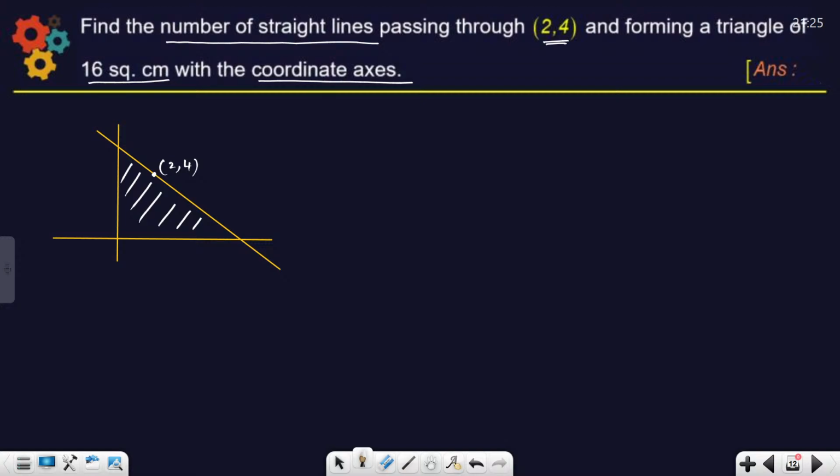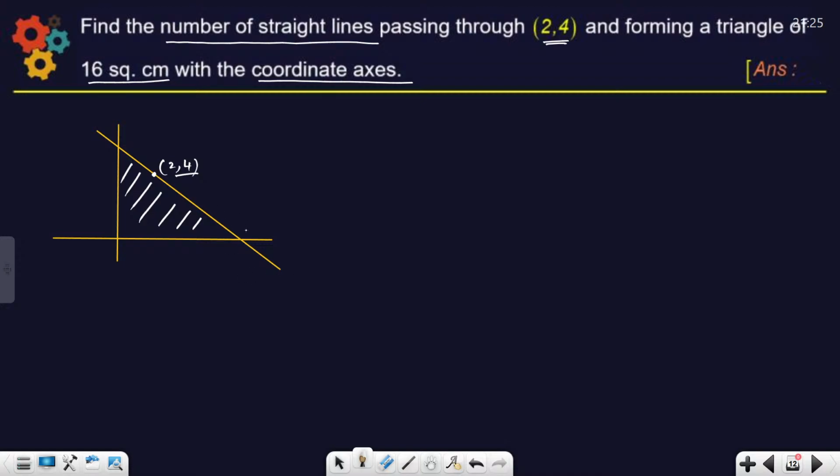So how many such straight lines are possible which will pass through the point 2, 4 and will make a triangle with the coordinate axis of 16 square centimeter area? How many such lines are possible? That's our question. Okay. So how to do it?